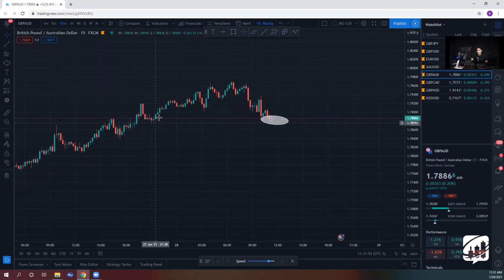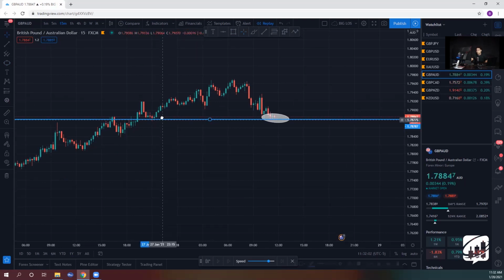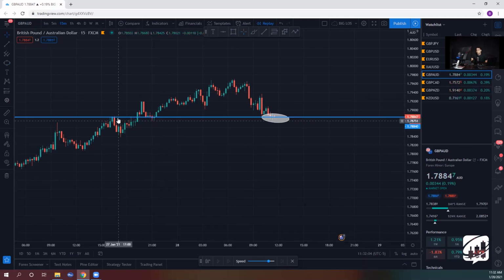This is the same lower high as the past, the previous lower high that was retesting the previous high. So the previous lower high from where we are right now was right here.